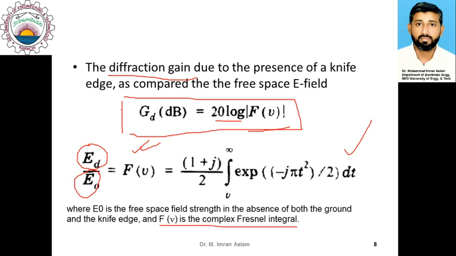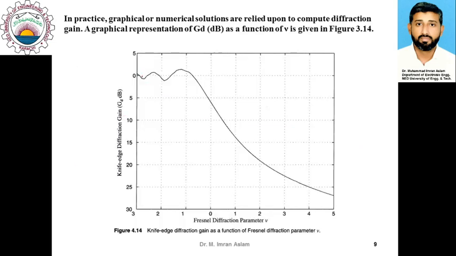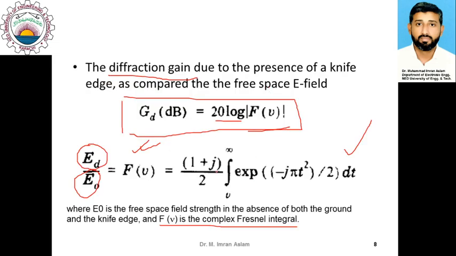This diffraction gain is illustrated in the diagram here. The horizontal axis is the Fresnel diffraction parameter nu, and the vertical axis is the gain. You can see that the gain gets reduced as we increase the Fresnel diffraction parameter. This expression, this graph and calculation of this integral is not straightforward.